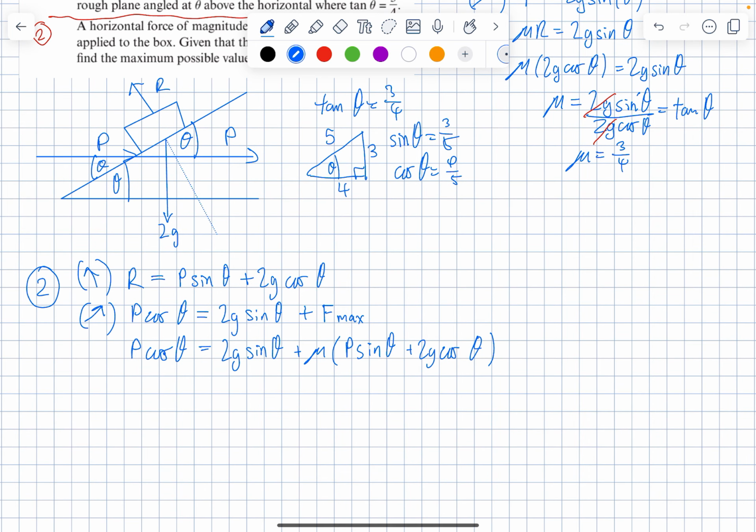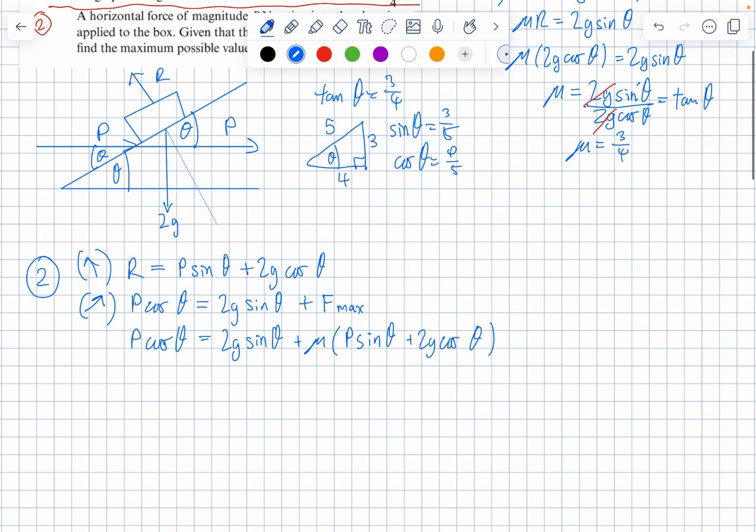Okay, so now I'm going to do a bit of factorising because I'm actually trying to work out what P is. So I'm going to get my P terms on one side. So I've got P cos theta over here. I'm going to subtract mu times P sine theta. And that's going to leave me with, on this side, 2g sine theta plus mu times 2g cos theta.